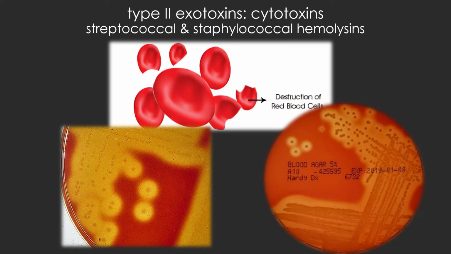The one that we're going to use as an example here are a subset of the cytotoxins called hemolysins, and we're mentioning those because those are highly relevant to the differentiation and study of staphylococcal and streptococcal bacteria, because pathogenic strains and species of Streptococcus and Staphylococcus are capable of producing different kinds of hemolysins, right?